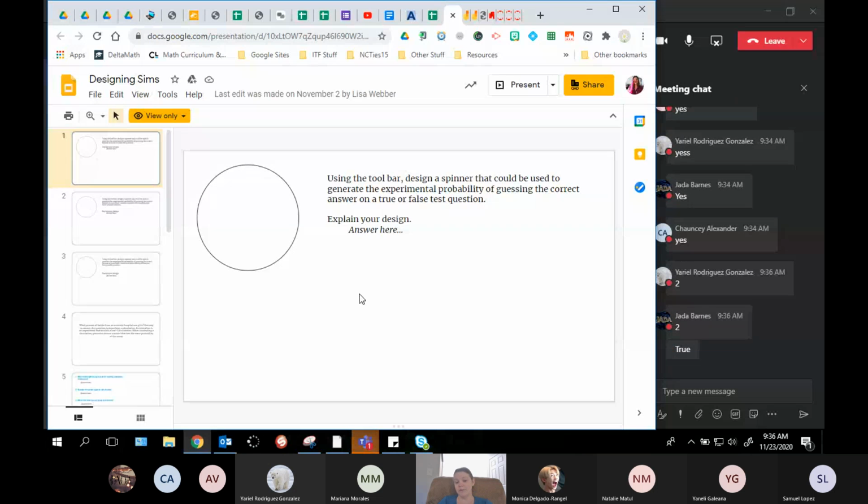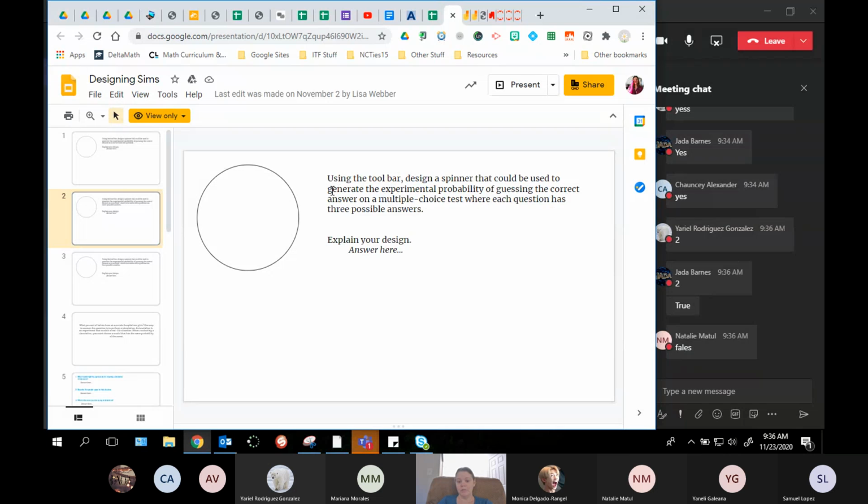True. And the other one is going to be labeled false. So you would use your tools, which I don't have access to right now. Draw a line to split it in two, label one true, one false, and then explain your design. Why did you do it that way?